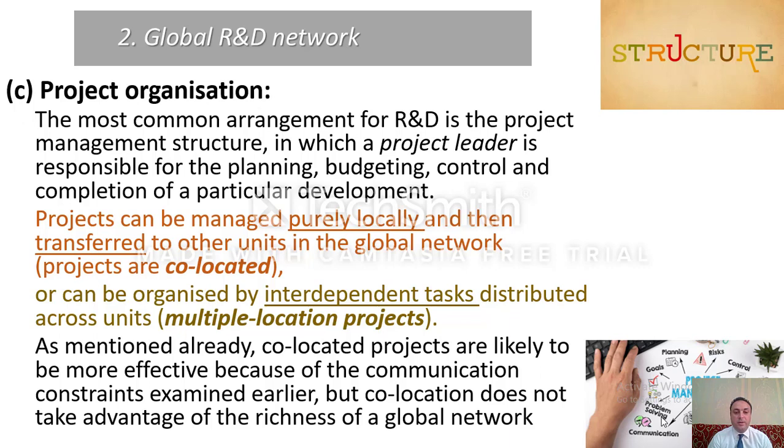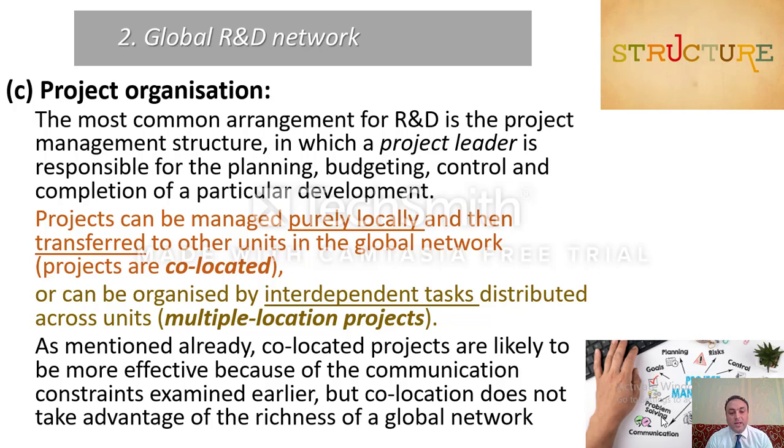Projects can be managed purely locally at the local market and then transferred to other units in the global network. Projects are co-located. This is called co-located. We will talk about these different approaches later in the next slides.